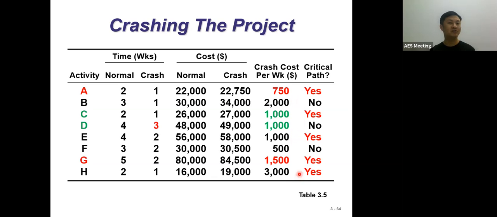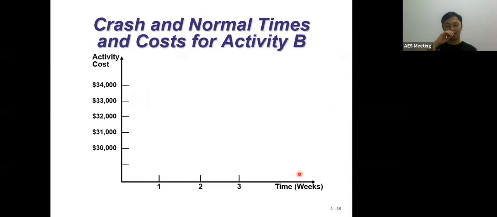The crash cost per project gives the summary: for a 50-week project, if we crash 1 week to become 49 weeks, the company needs to pay $750 for this 1 week of work. I hope you're fine with this.